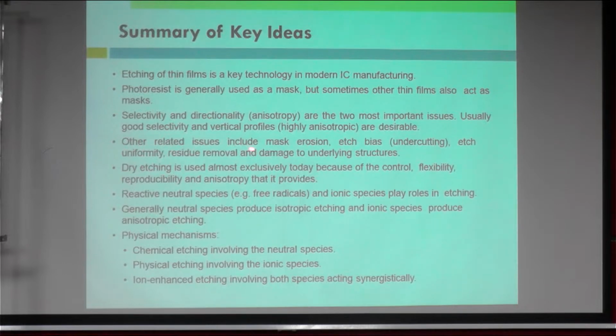Other related issues include mask erosion, edge bias, undercutting, edge uniformity, residue removal, and damage to underlying structures. Dry etching is used almost exclusively today because of the control, flexibility, reproducibility, and anisotropy that it provides. Physical, reactive neutral species, free radicals, and ionic species play roles in etching. Generally, neutral species produce isotropic etching and ionic species produce anisotropic etching.